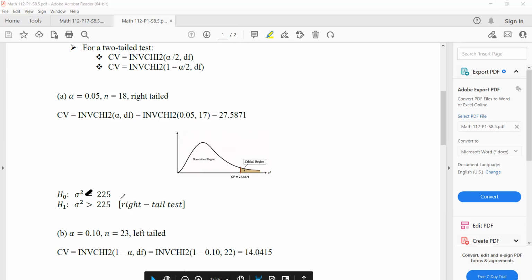How about B? B is alpha is 0.10, n is 23, and we're doing a left tail test.